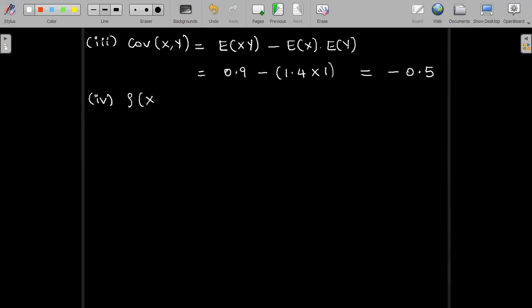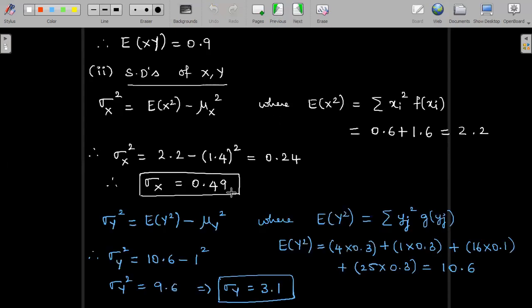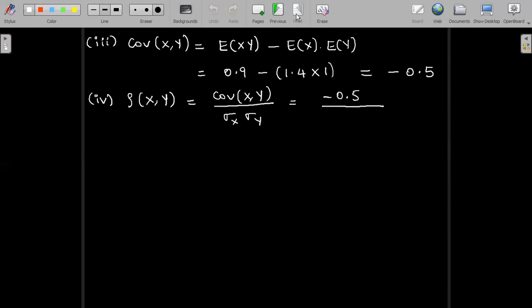Now the next part of the problem, the fourth one, is to find correlation. Correlation of x comma y, notation is rho. Correlation formula is covariance of xy divided by sigma x into sigma y, the standard deviations. So covariance is minus 0.5, and the standard deviations with respect to x and y we just now obtained: 0.49 into 3.1.